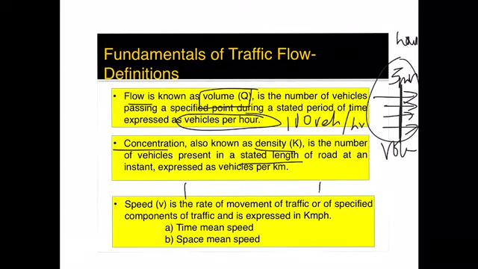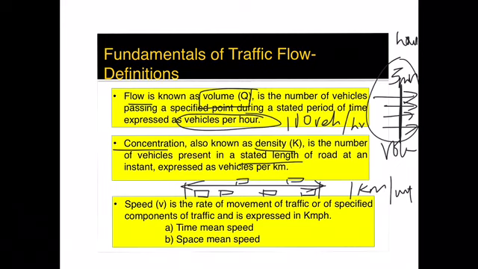Let us take that this is my road stretch of 1 kilometer length. How many vehicles can you accommodate in 1 kilometer of road at an instant of time? That will give you the density.